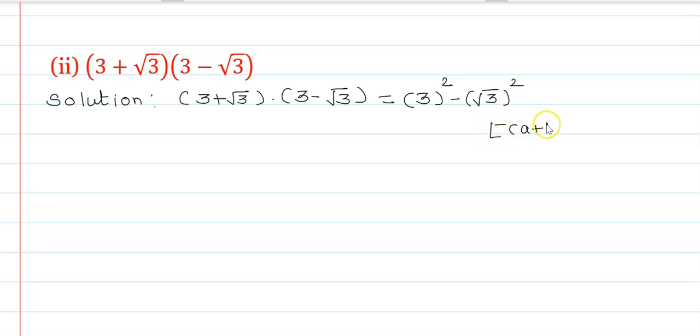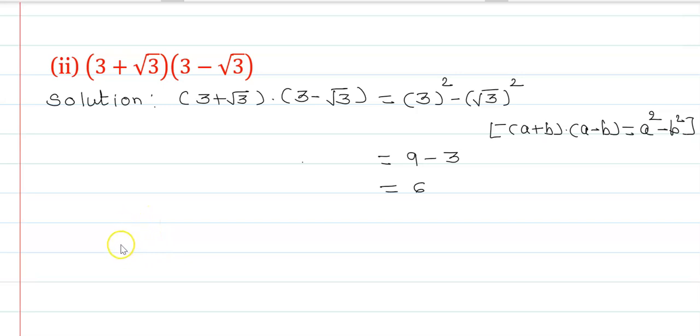Here we are using A plus B into A minus B is equal to A square minus B square. This equals 9 minus 3, since root 3 square is 3, and that is equal to 6.